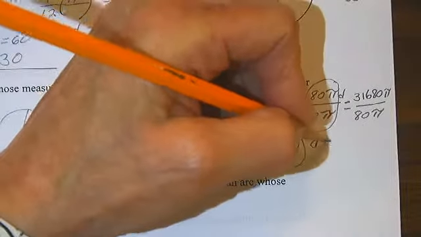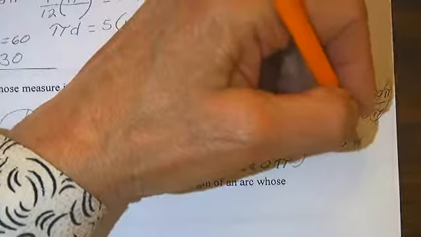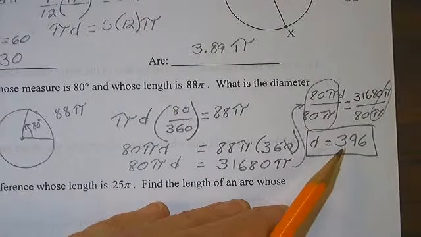So my diameter, pi divided by pi, is 1. So my diameter is 396.